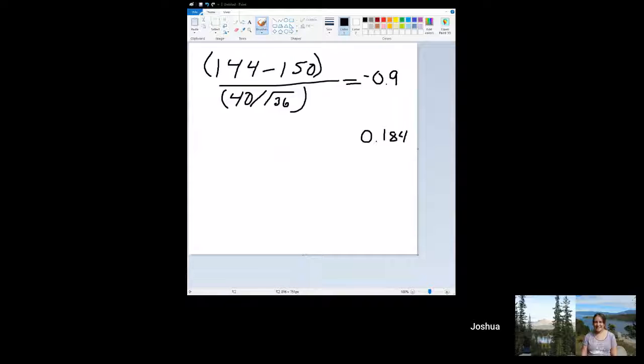Number 17? Yeah, I put A. So the p-value that we needed to reject the null hypothesis would have to be less than 0.05. And so since our p-value, which is 0.184, is greater than 0.05, then we failed to reject the null hypothesis. Okay.